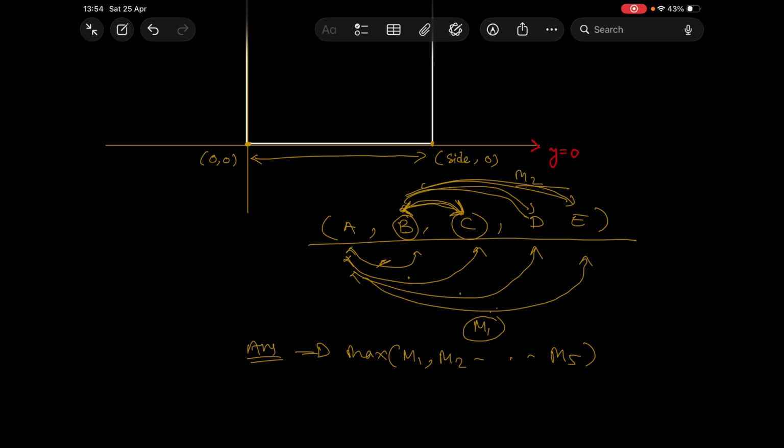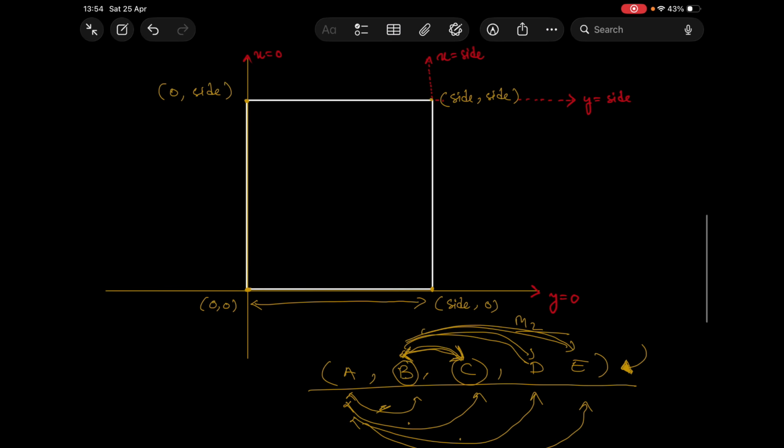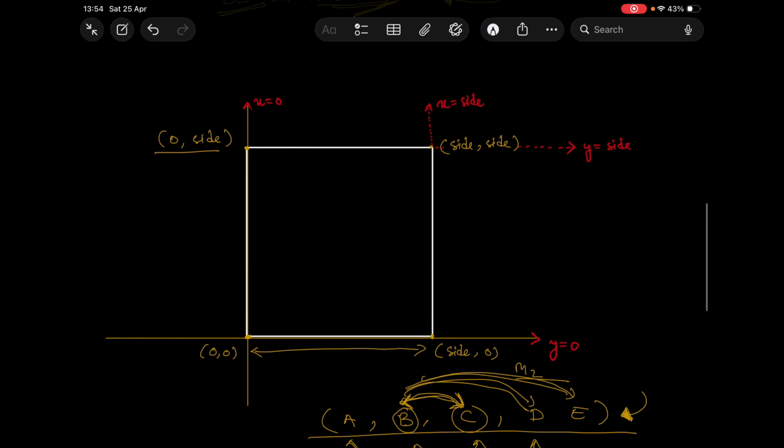Now, here we have these 5 points, but in the question we have to pick those 5 points such that we get this max. If you see, this is the point that is given, I mean, this is our array. This is the square with corners 0 comma 0, side comma 0, side comma side, and 0 comma side. In this line, y is 0.